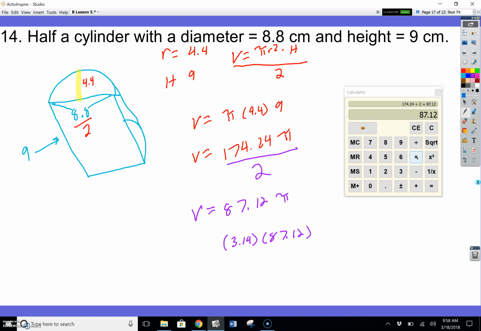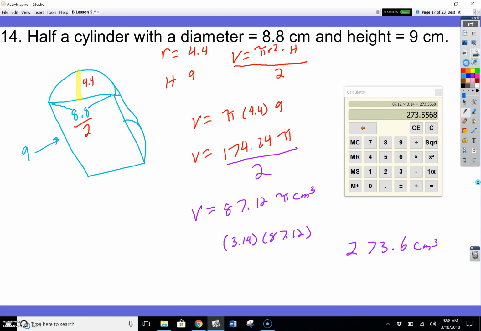Once we multiply it by 3.14, I'm going to get an answer of 273.6, rounded to the nearest tenth, and I am going to have centimeters cubed. Once again, I forgot to write centimeters cubed up here as well. Make sure you don't forget your units, okay?